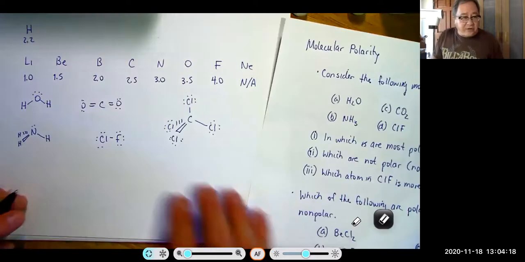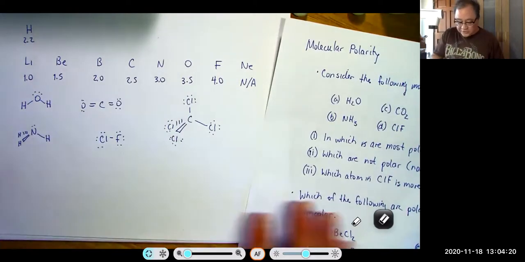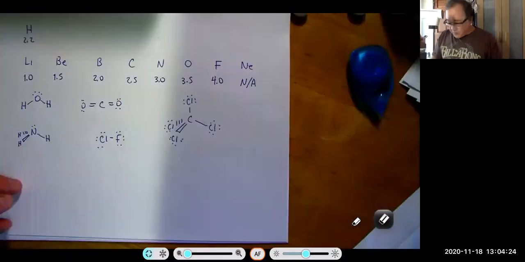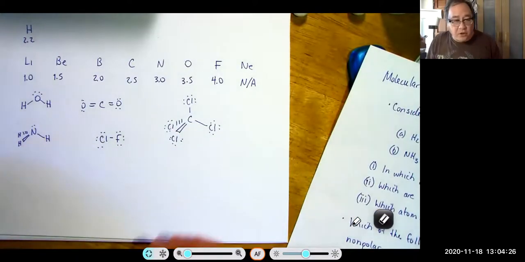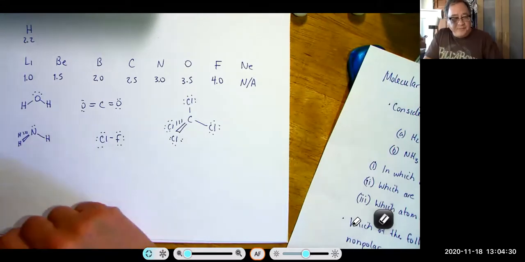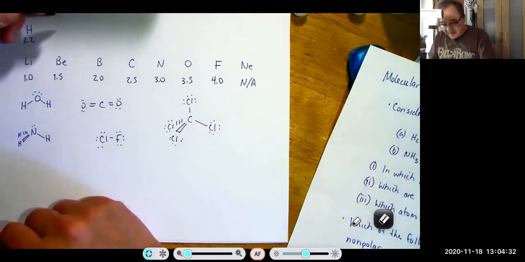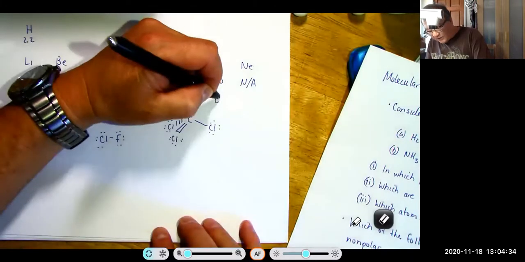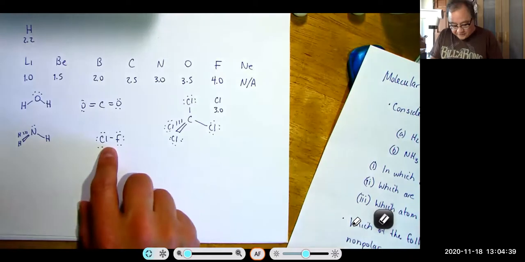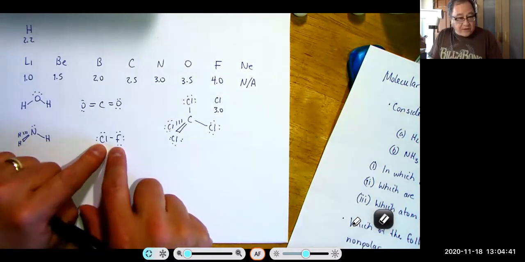Okay, there's the molecular geometry of each of the molecules that they're asking about. And the first question is, which has the most polar bonds? So the biggest difference. And you can see, I'll put chlorine here. Chlorine's a 3.0. So between this, it's a difference of 1, right?